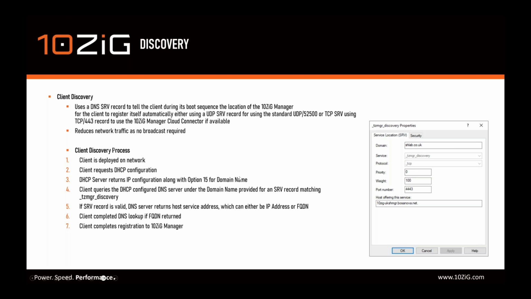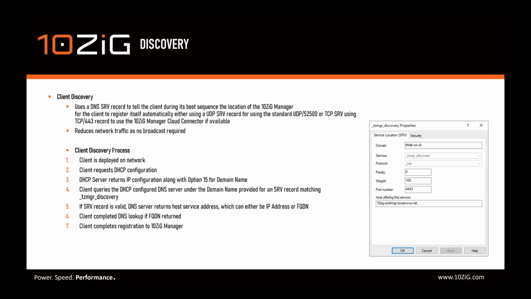The cloud connector is also required for any repurposed devices for the licensing mechanism. It uses an HTTPS tunnel to communicate between the server and the client, so the default port used here is TCP 443 for the cloud connector TCP SRV record.